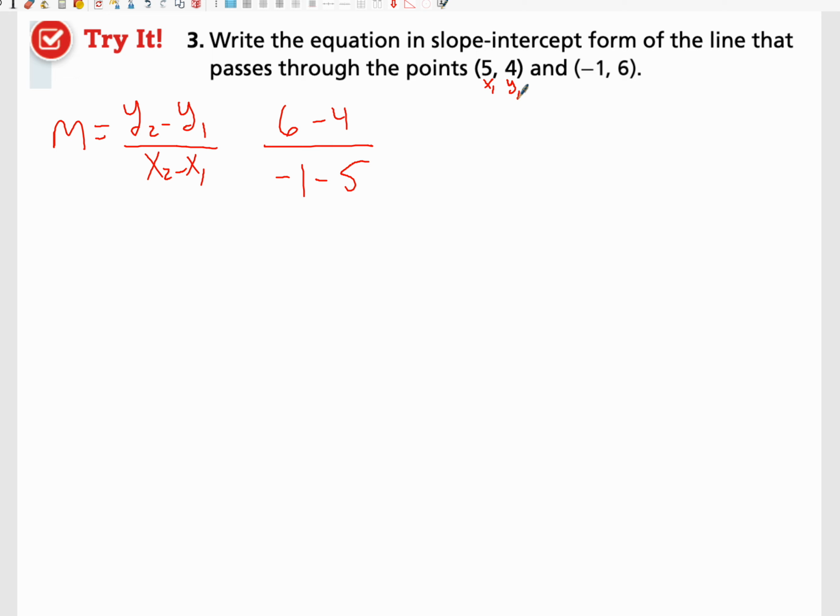So 6 minus 4 over negative 1 minus 5. I just put the numbers in the spots in the formula. The formula does the work. All you got to do is plug numbers in. 6 minus 4 is 2. Negative 1 minus 5 is negative 6. So that is negative 1/3 for a slope.